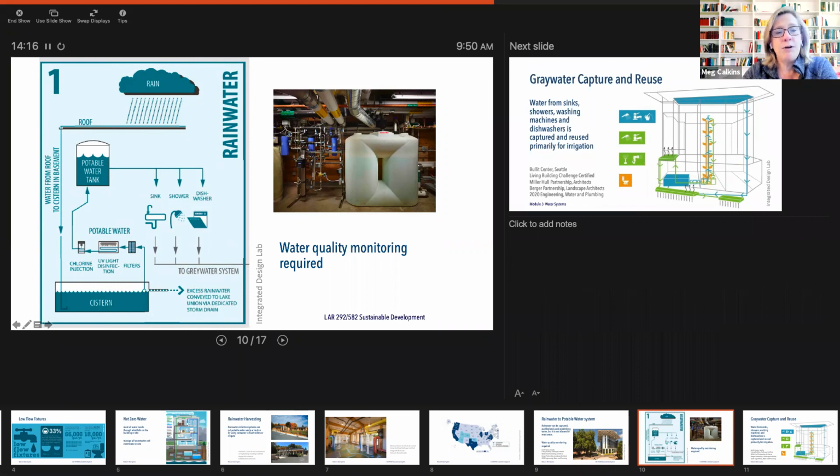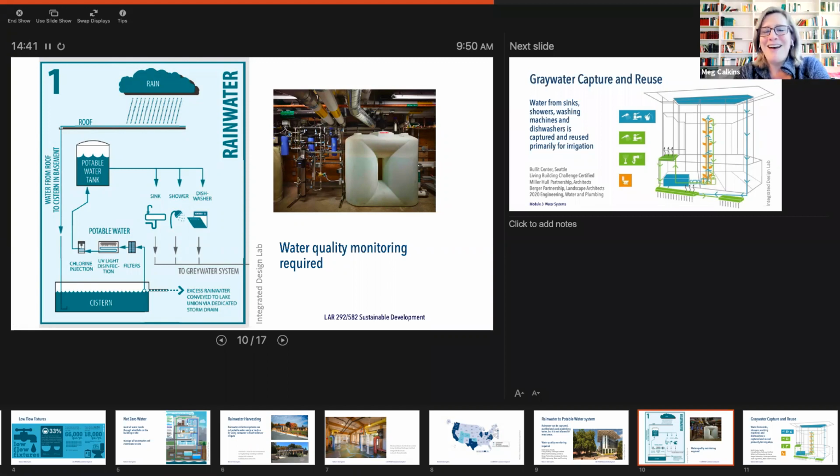And then it's drawn off into the sink and drinking fountains, to the shower, to the dishwasher. All the water that flows down the drain of those systems flows to a gray water system, which we'll talk about in just a minute. Any excess water held in this cistern that isn't used in the building is conveyed to Lake Union via a dedicated storm system.